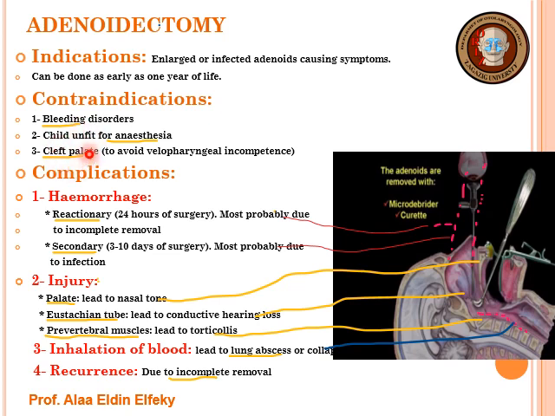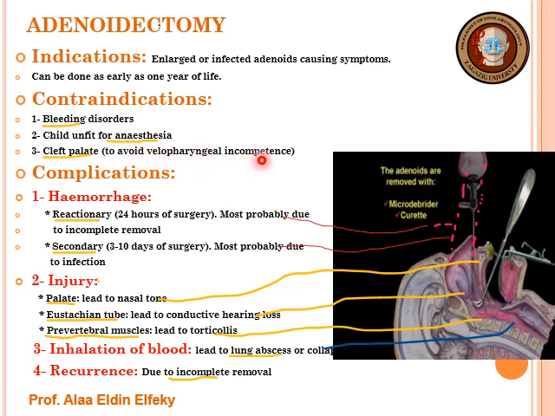Why cleft palate? It is a contraindication to remove adenoids because the palate is a very important part of the nasopharyngeal sphincter, which prevents food and fluid regurgitation during swallowing.